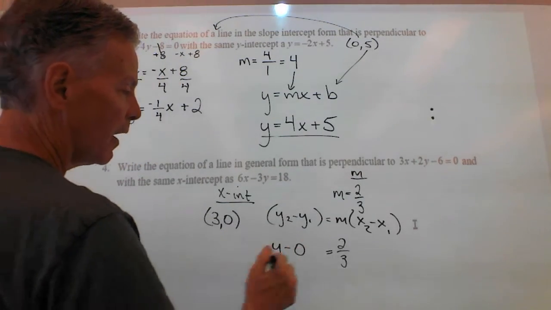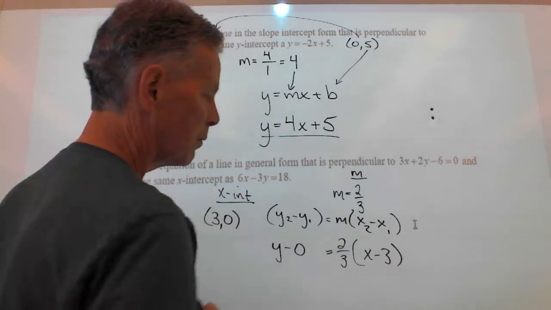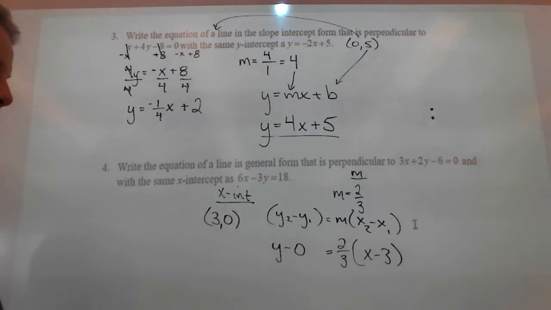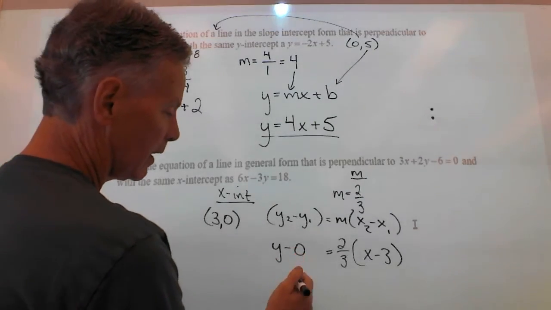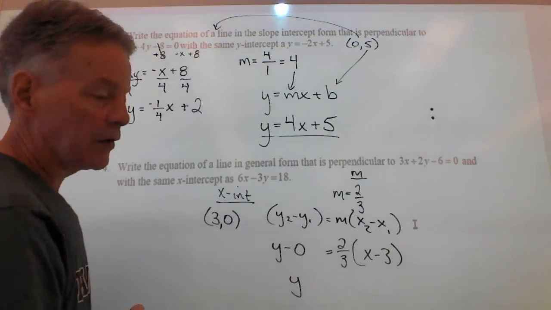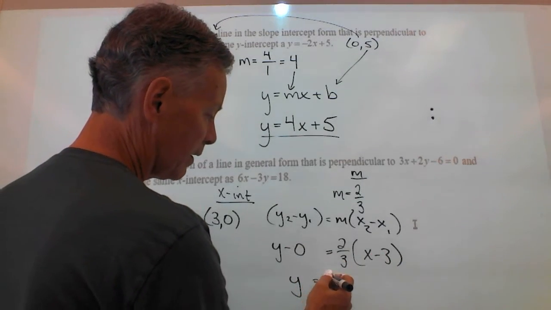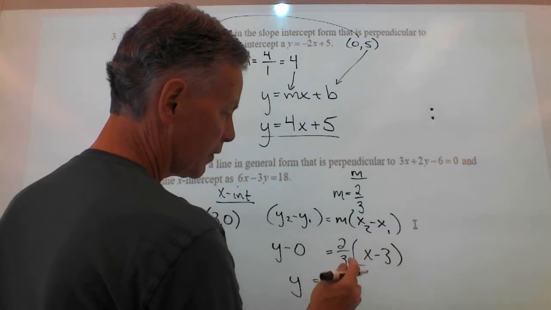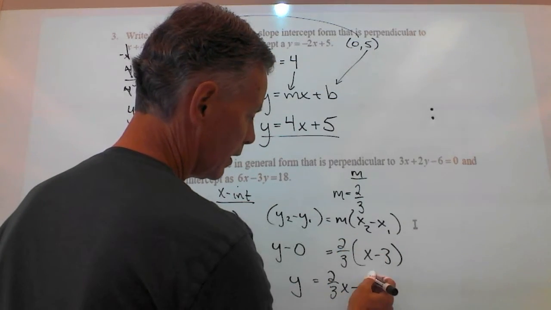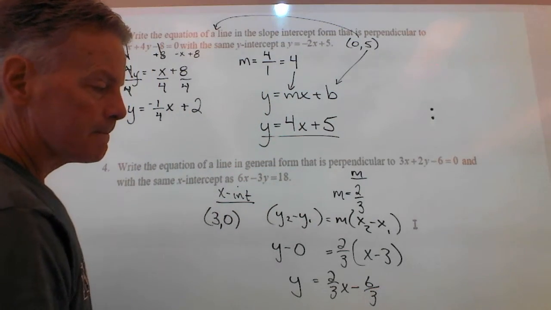We have a value for x, it's 3, so this becomes x minus 3. Okay? Simplify things. Simplify the left side, well, that'll just simplify to y. Simplify the right side. That gives us 2/3 x minus 2 times 3 is 6 over 3. Okay?